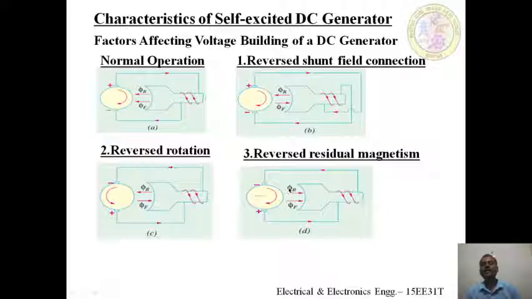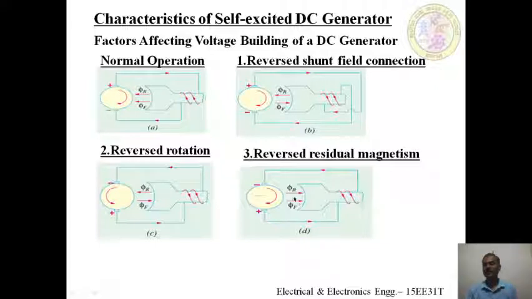The third case, that is, if the residual magnetism is reversed, that is, if Phi R reverses. If Phi R is reversed, the generator produces EMF in the reversed direction and circulates the current in the reversed direction. That reverses the field flux.